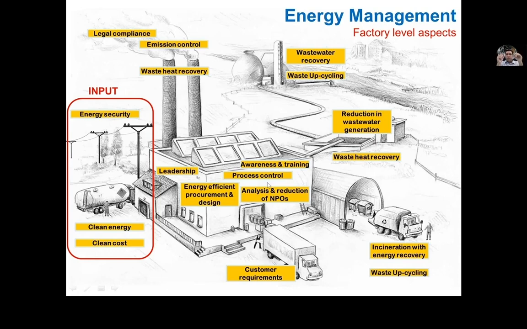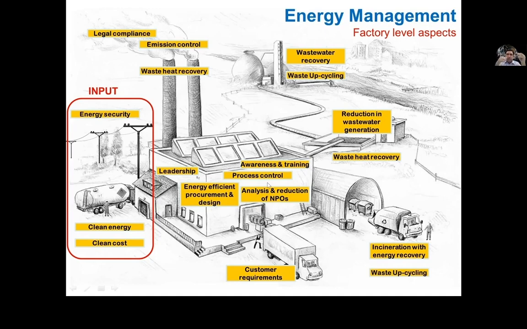What we did was reduce temperatures, and increase some speeds of injection and some other parameters. With that, we were able to reduce the energy cost of that process. The quality remained the same, the process time remained the same, but the energy cost could be improved. So process control is very important. Awareness and training is also a very important aspect.